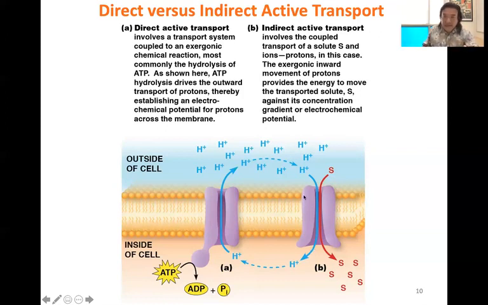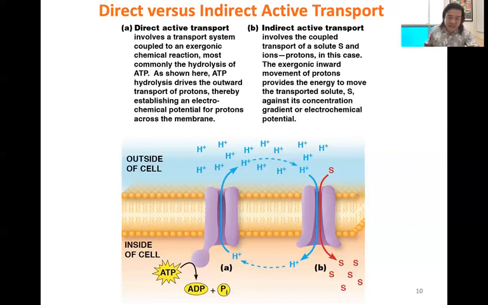But look at this. By allowing the protons to naturally flow back downhill, that is coupled to the movement of some solute molecule, this red S. And this red S is at low concentration on the outside, and it's already much higher on the inside. So it is being moved against the natural gradient that the S molecule wants to flow in.